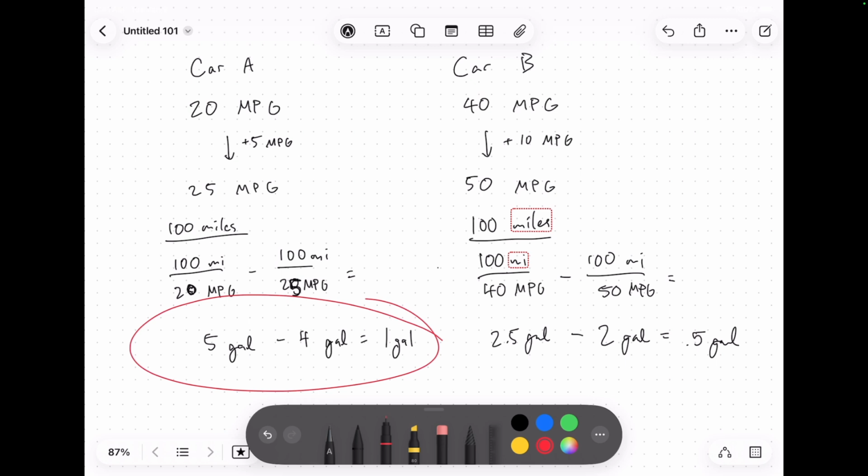It's not choosing between A and B. It's choosing which of A and B would actually improve more in terms of fuel savings. So car A certainly consumes more fuel. But it's actually worth more to slightly improve car A than to improve car B.